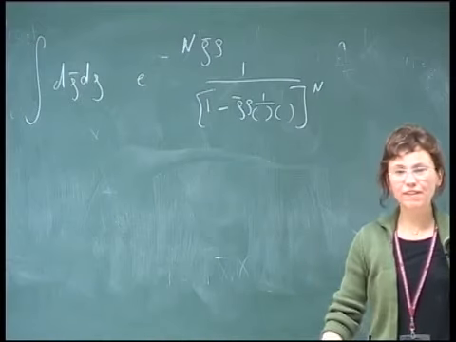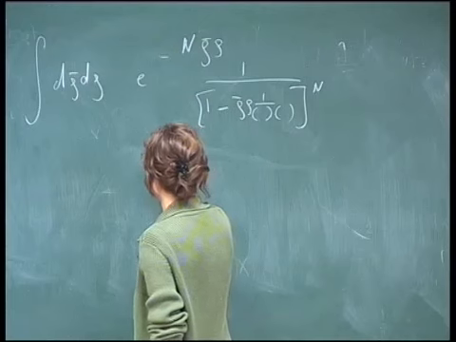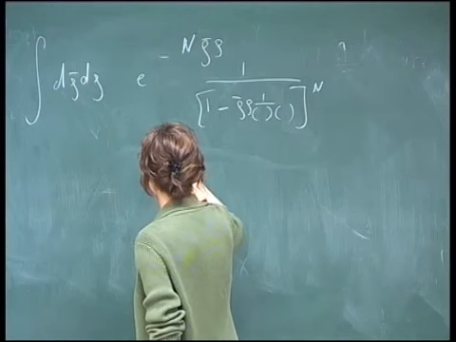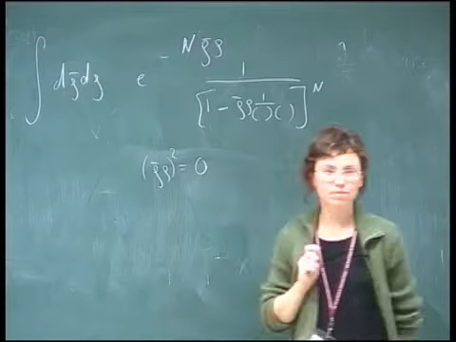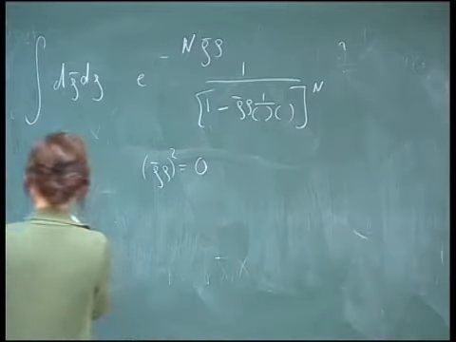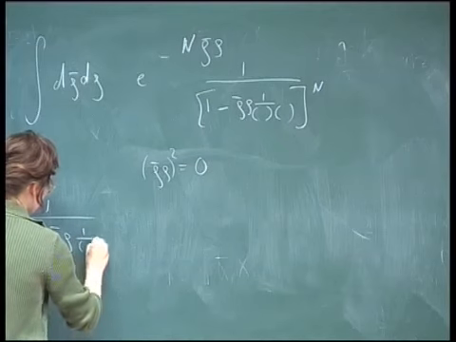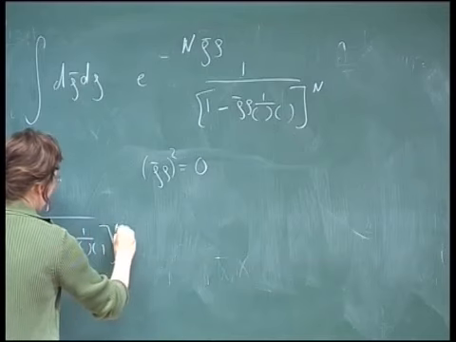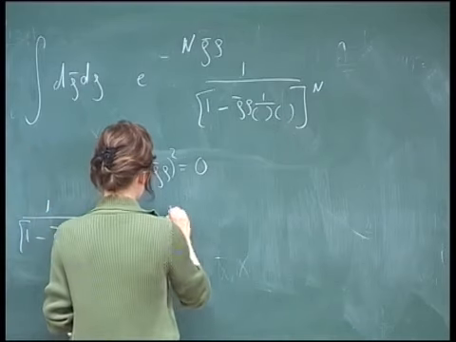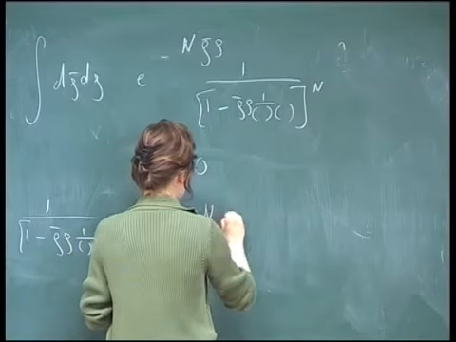Now, we use the fact that rho bar rho square is 0. So, 1 over to the power n is actually equal to 1 plus n.